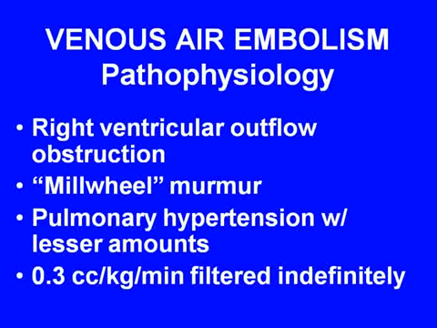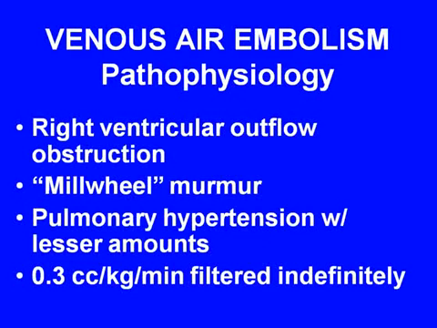In essence, the right ventricle becomes deprimed and continues to beat. And when this occurs, especially with large volumes of venous air, there's a phenomenon that's been described as the mill wheel murmur that is quite strong and has been described many times in the literature.